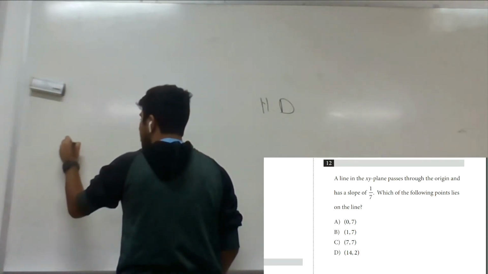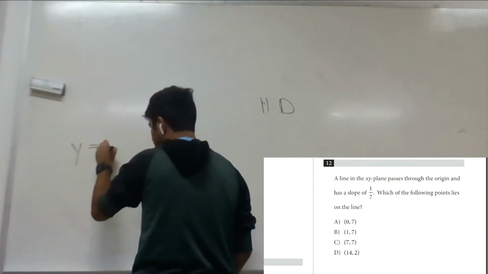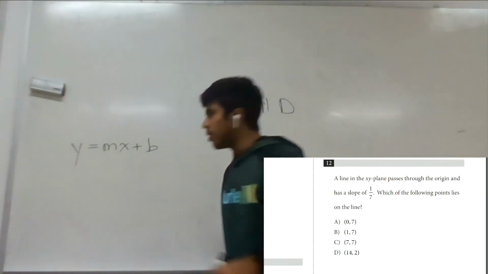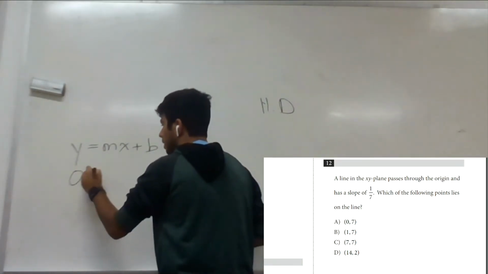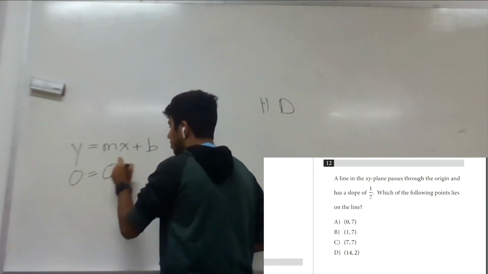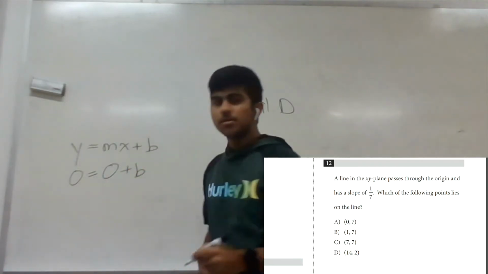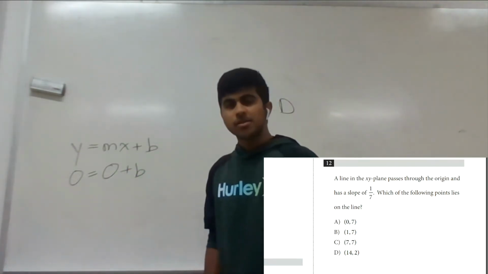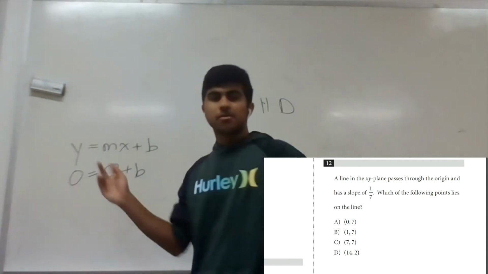So if you're going to write this in y equals mx plus b form, with 0, 0, that gives you 0 equals 0 plus b. Now, this seems like a really obvious equation, and b is just 0.